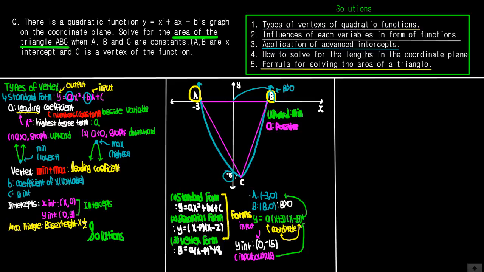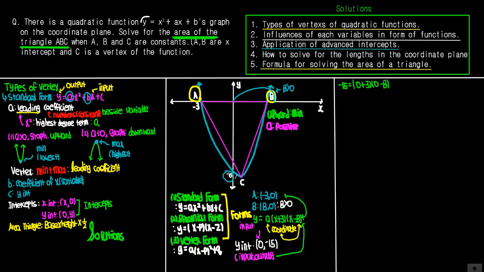Our x value is going to be 0 and our output is negative 15. Negative 15 is equal to, instead of x, we input 0 plus 3, times, instead of x, we input 0, and then we have minus b. So we need to have the a value here, but we don't have to do it.